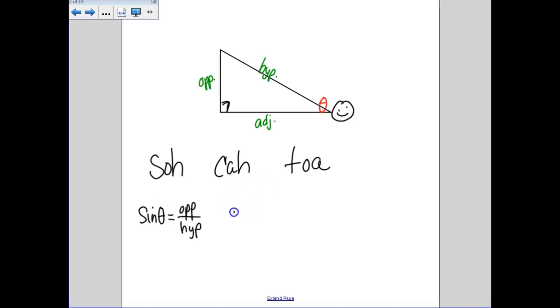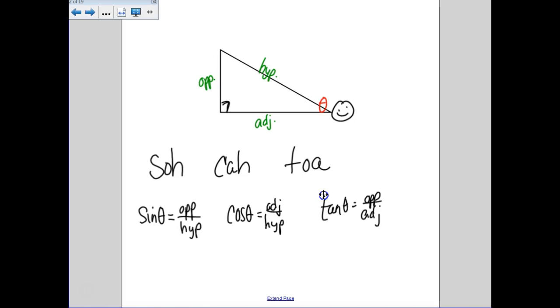And CA stands for? Adjacent over hypotenuse. Good. Cosine of an angle is adjacent over hypotenuse. And then tangent of an angle is opposite over adjacent. So taking sine, cosine, and tangent of a particular angle in a triangle is going to set you up a trigonometric ratio, is what we call that.